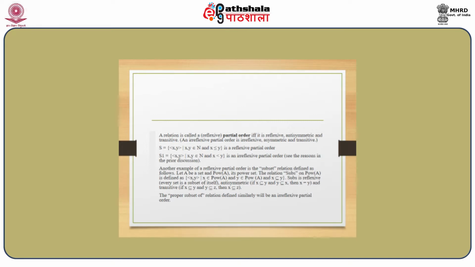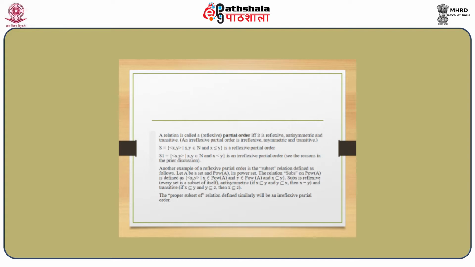Okay. See the reason you want to think about them. Just reflect a little bit on what we said before. Let A be a set, pow A be its power set. The relation subs on the power set of A, defined as the set of ordered pairs xy such that x is a member of the power set of A and y is a member of the power set of A and x is a subset of y.